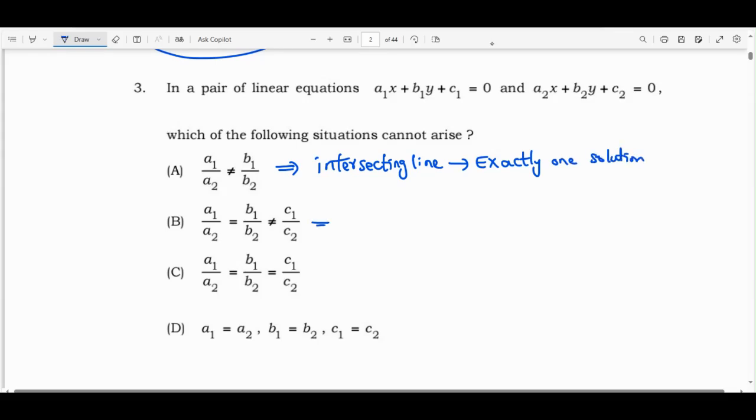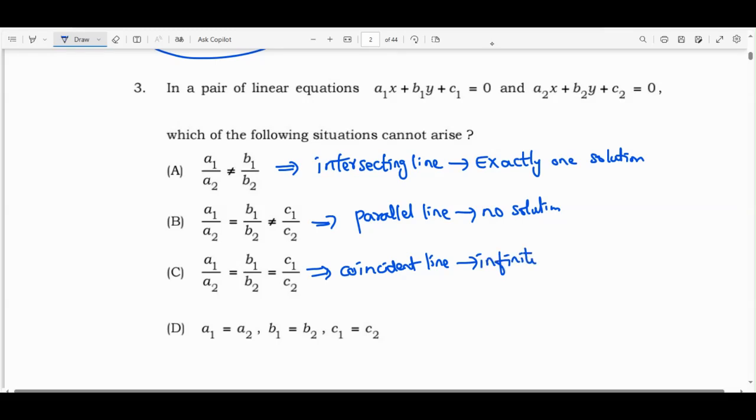The second one is parallel lines, the condition to satisfy it, and it has no solutions. And the third one is for coincident lines, the condition for coincident lines, and it will have infinitely many solutions. So the answer, which cannot arise, is option D.